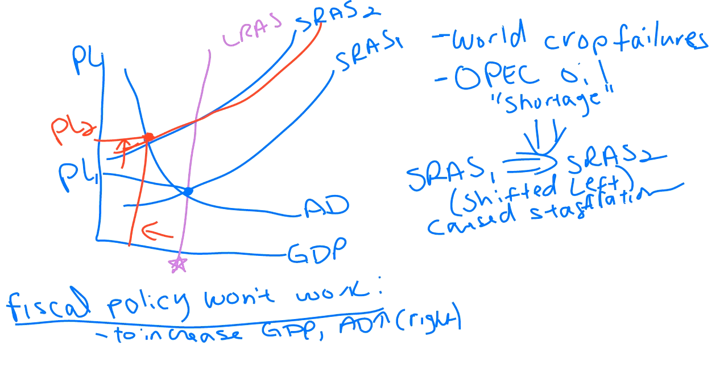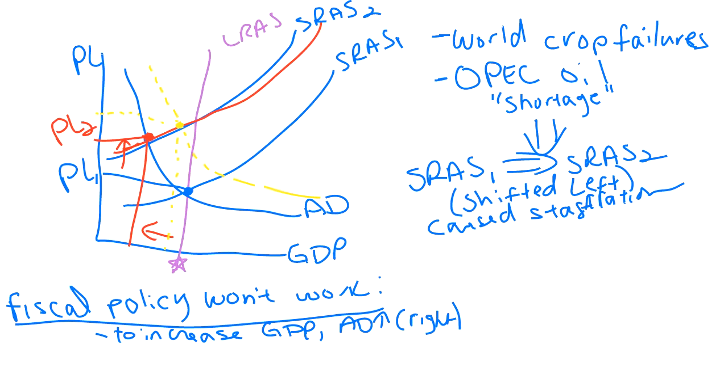I'll pick a different color, yellow for that one. If we shift aggregate demand to the right, that's going to increase GDP, yes, but look what else is going to happen.